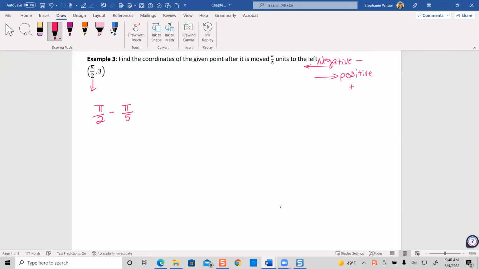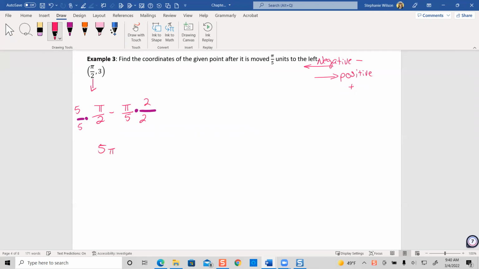Okay. When I do that, I notice that I need a common denominator because we can't subtract fractions without having one. So in this case, it looks like it's going to be 10. So I need to multiply 2 by 5. And when I do the bottom, I do the top. I need to multiply 5 by 2. And again, what I do to the bottom, I do to the top.